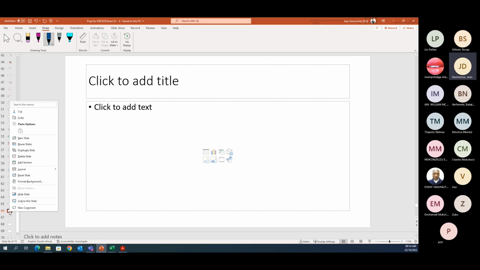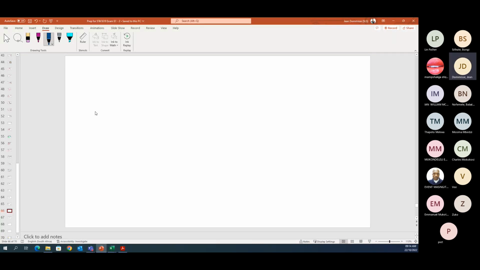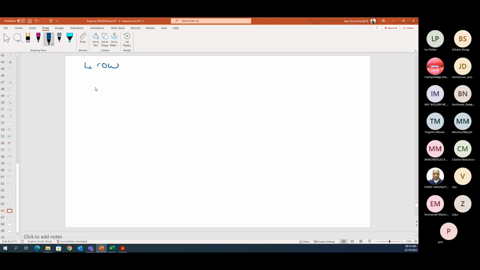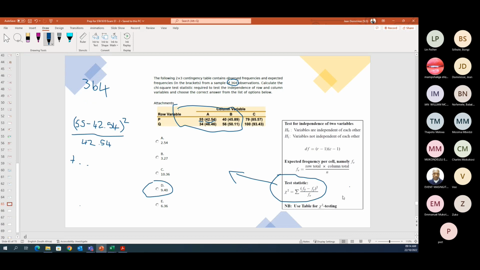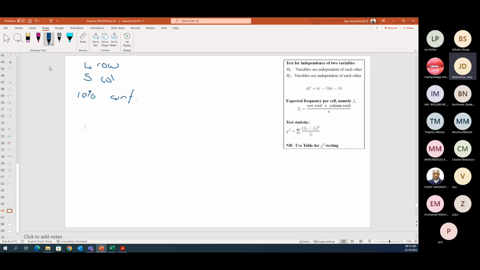So if they told us that we're working with a 4-row, 5-column table and 10% confidence, and we needed to work out the critical value from the table.